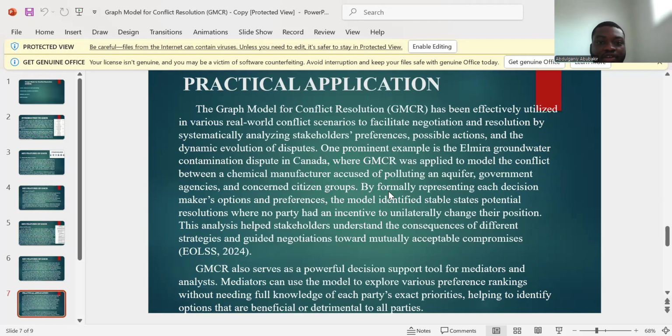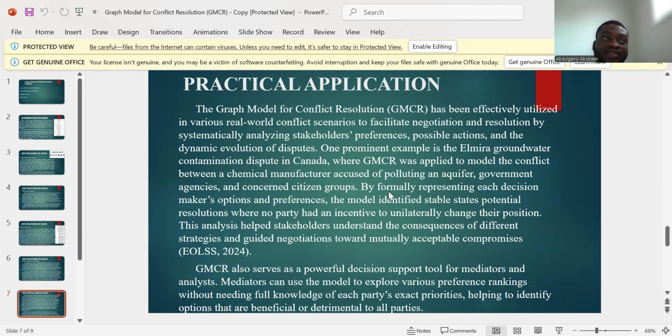So a practical application, an example, is the Elmira groundwater contamination dispute in Canada. This was all about a company known as Uniroyal. They were polluting the aquifer, which is the main source of water for the community.